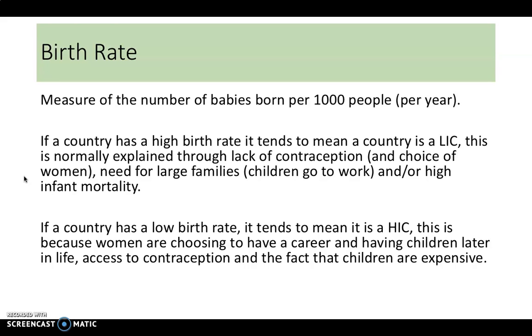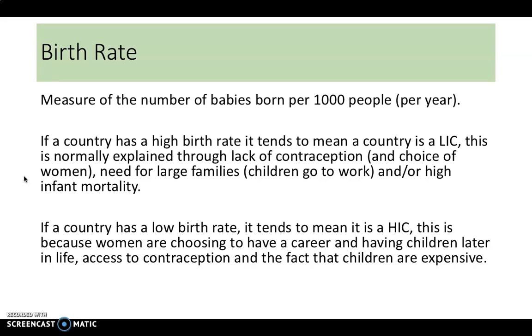So on the other side of this, if a country has a low birth rate, what that tends to mean is that it's a HIC. And this is because women are choosing to maybe have children later in life. So for example, if somebody goes to study at medical college, it might be the case that they're studying, plus from leaving school at 18, they might be studying for another 8 years after that to become a qualified doctor, and they probably will wait to have children until after they've done that, and even possibly going into their career.